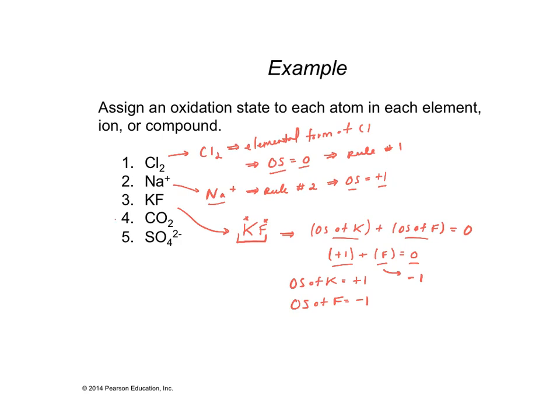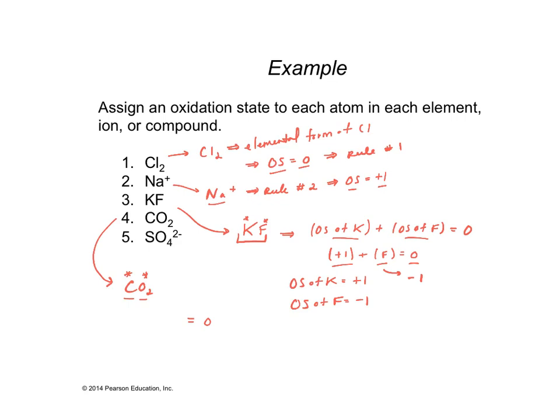Okay, so now let's move on to CO2. So again, we have a molecule, a compound now, and this molecule is neutrally charged, right? So whatever these guys are, they're going to have to sum to an overall charge equal to 0 because CO2 has a net neutral charge, so its charge is 0. Alright, so now, again, going back to rule 4, or I guess now rule 5, right here we have 2 nonmetals, right?